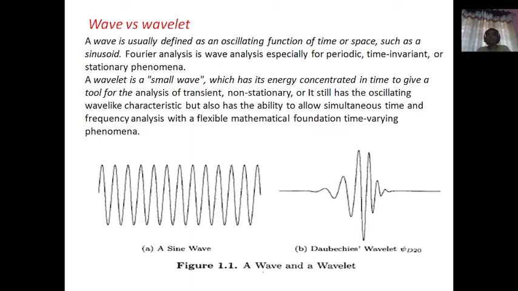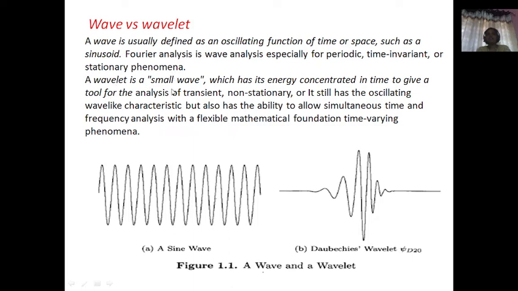Already we have been discussing wavelets. What is a wavelet? How does it look? Wave versus wavelet. You already know waves from the Fourier series onwards. A wave is usually defined as an oscillating function of time or space, such as a sinusoid. Fourier analysis is a wave analysis, especially for periodic, time invariant or stationary phenomena.